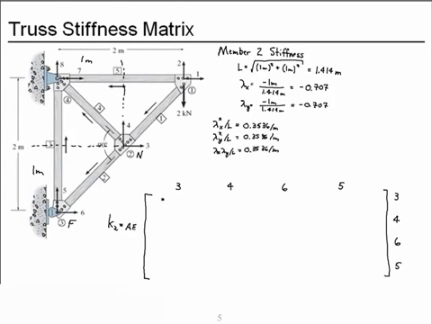And if we assemble the stiffness matrix according to equation 14-16, we get lambda x squared over L, 0.3536 per meter, lambda x lambda y over L, 0.3536 per meter, minus lambda x squared, so a minus 0.3536 per meter, and a minus lambda x lambda y, minus 0.3536 per meter.